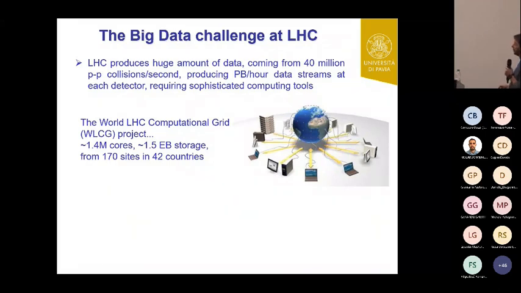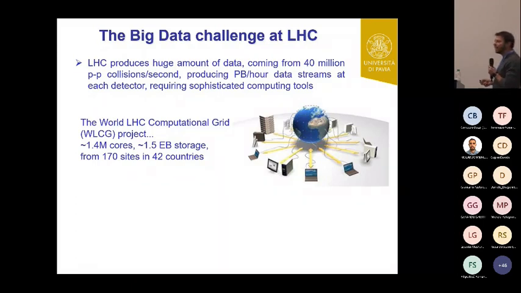So there are huge motivations from a computational point of view coming from the LHC, because, as you may imagine, this particle accelerator produces a huge amount of events, and so data, that can be analyzed by employing sophisticated computing tools. One of the big challenges in terms of computational tools, involving a combination of high performance computing and strong infrastructure, is the fact that this huge amount of data is produced at an incredible rate, on the order of petabytes per hour.